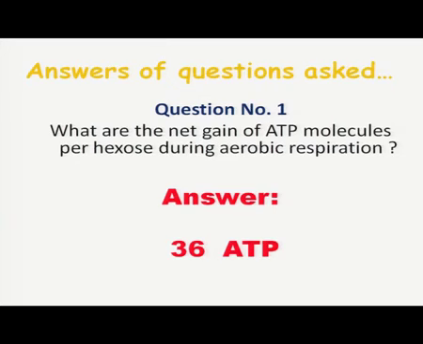We subtract 2 ATP in that particular case, which is consumed when transferring molecules from the cytoplasm to mitochondria. So the total gain in aerobic respiration is 36 ATP.